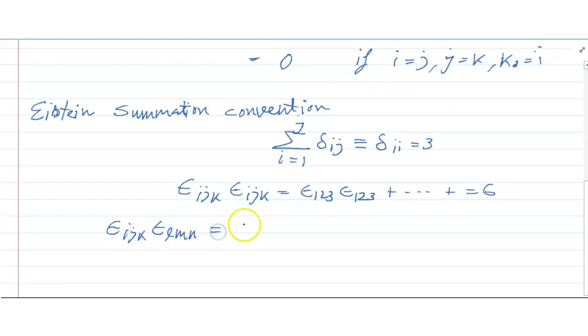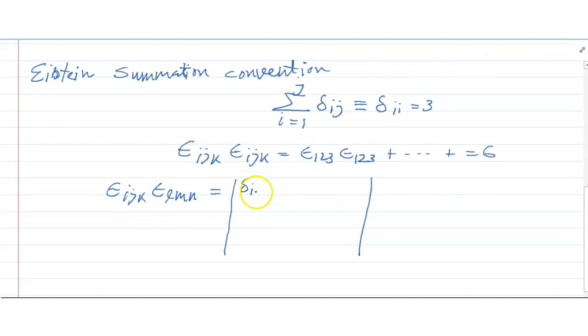can be written this way: the determinant of delta il, delta im, delta in, delta jl, delta jm, delta jn, and delta kl, delta km, delta kn.